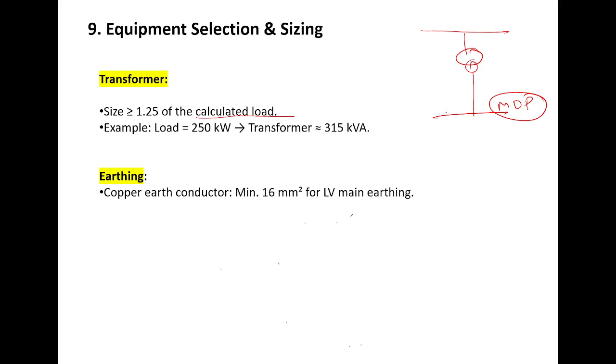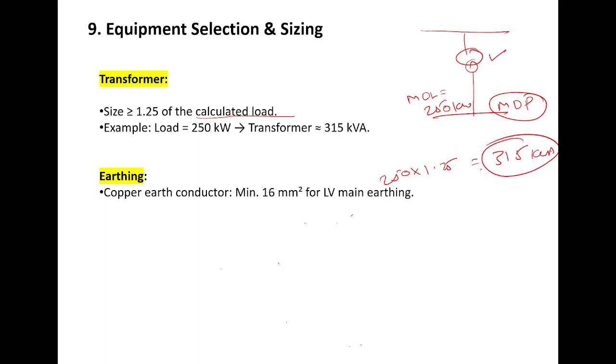The demand load of this panel is 250 kilowatt, not total connected load. So what will be the size of this transformer? 250 into 1.25, you will get around 315 kVA of transformer. So this will be the size of your transformer.